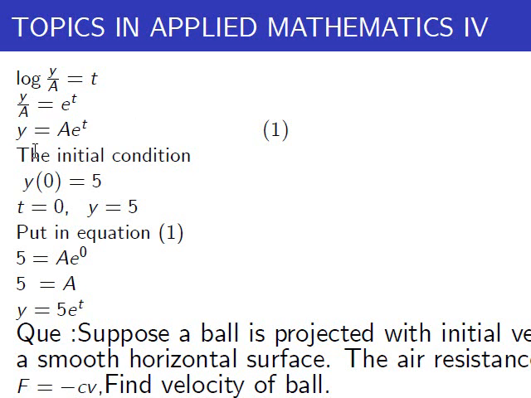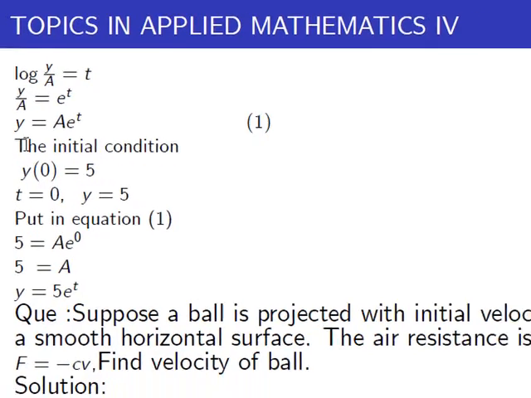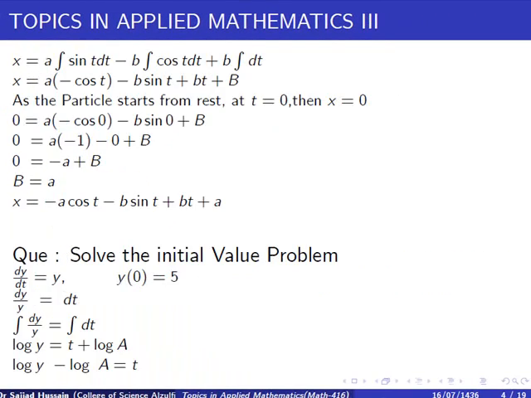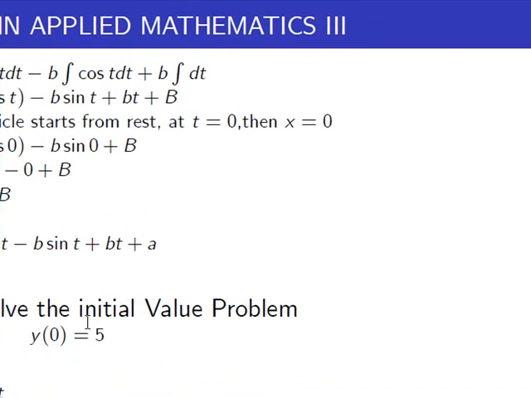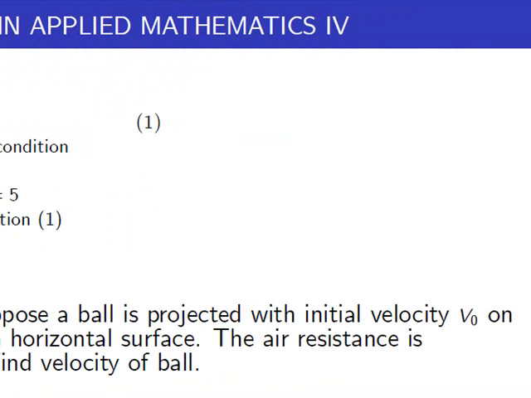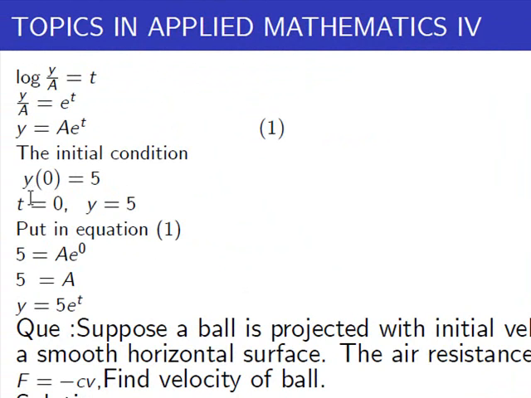We have to find this unknown constant A, and we have to use the initial condition. The initial condition is given. This is the initial condition, y of 0 is equal to 5. That means when t is equal to 0, y is equal to 5.